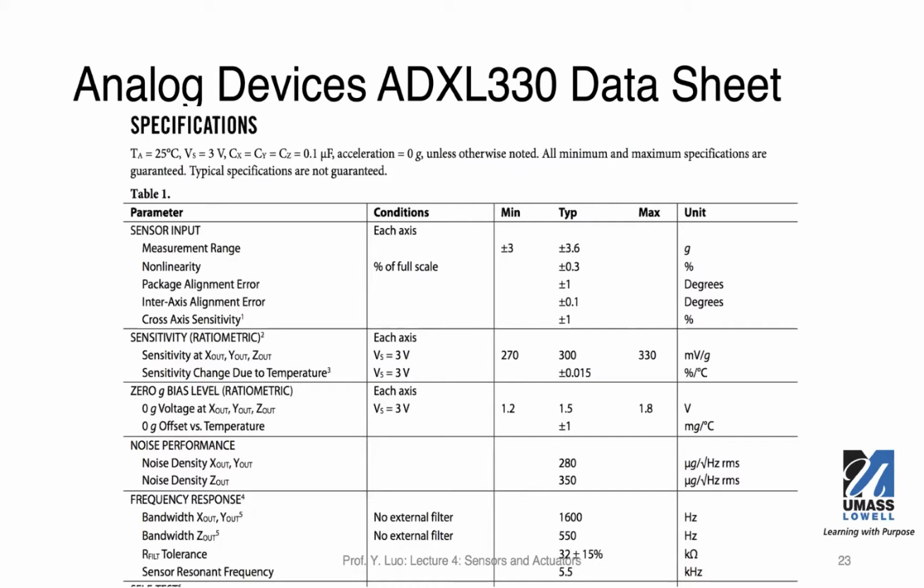Once you measure that and know that voltage, you can start from that point to measure the acceleration. So that's one way to calibrate, using this bias value that you can refer to in the data sheet.